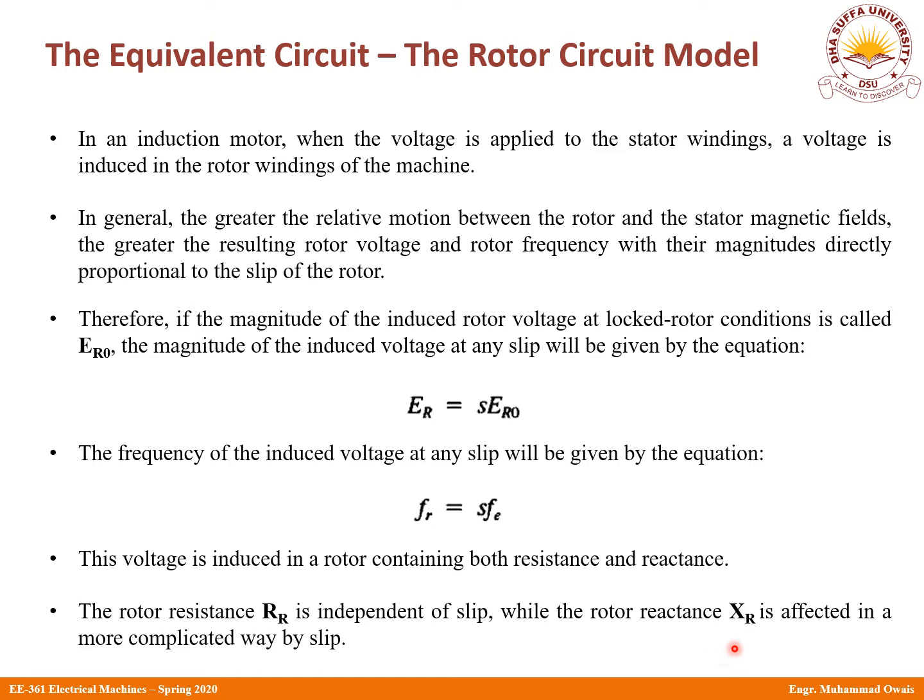While the reactance XR is related to the slip in a quite complicated way. So this effect is important, and we need to see how XR is affected once the slip changes.